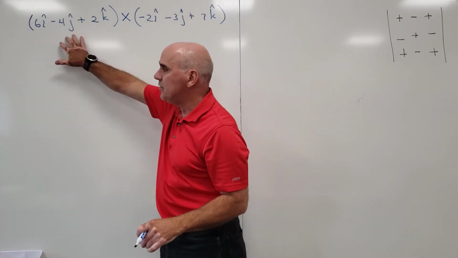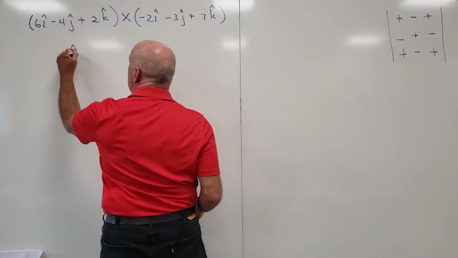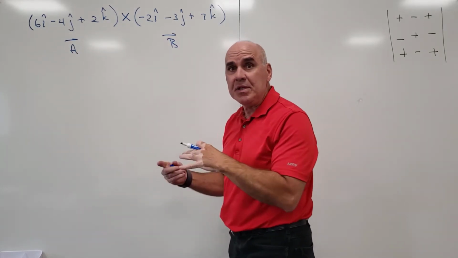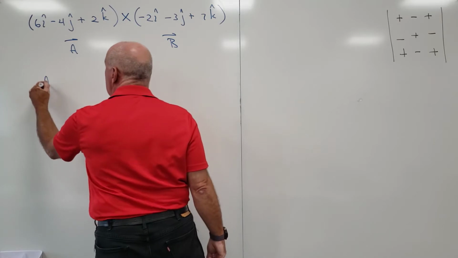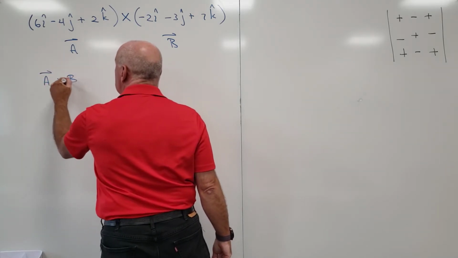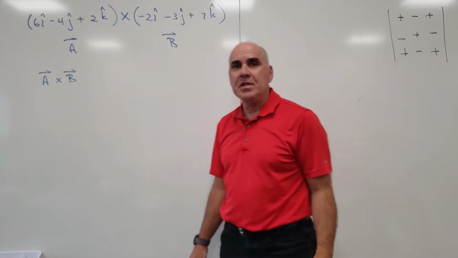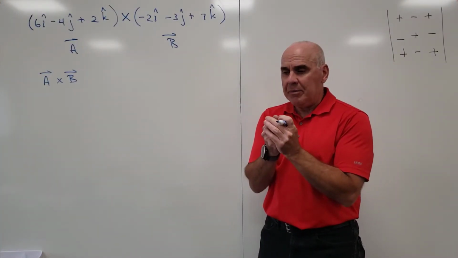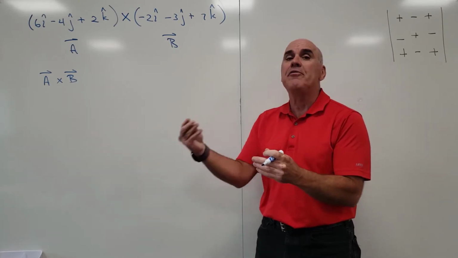I'm taking this first vector, maybe that's vector A, and this is vector B, and I'm going to cross them together. So what I'm interested in is A cross B. And what I'm going to get when I do this cross product is another vector.